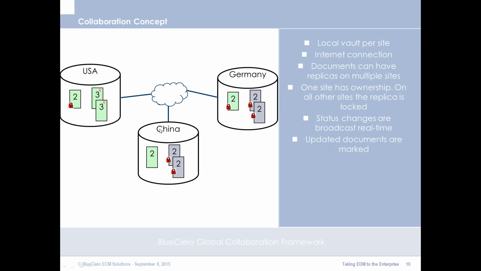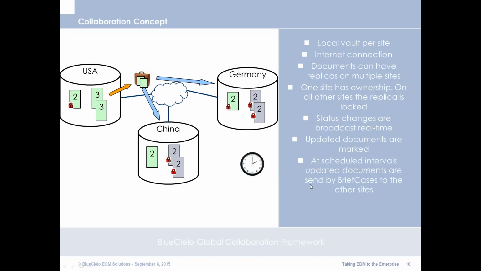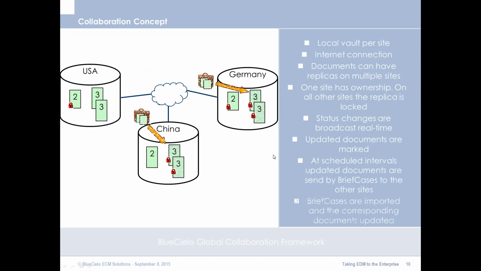But if the USA checks in a new file and somebody in China goes to open it, Meridian would know, hey, China, you don't have the latest file yet. USA's made a change, checked it in, but you don't have it yet. Do you want to wait, look at the old version, update now? And then at scheduled intervals, those file changes are broadcast to the different sites.